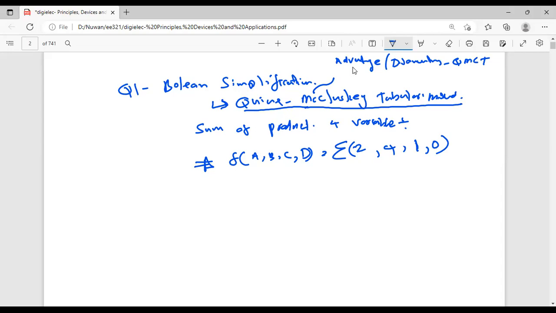Likewise, you should have that idea. And you should be able to solve this kind of sum of product with 4 variables using the Quine-McCluskey tabular method. I think it is not much difficult.